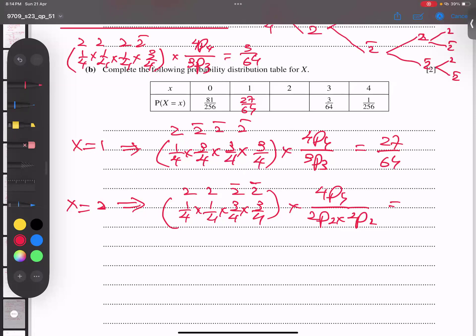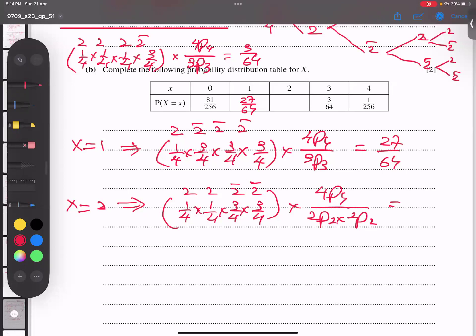My answer is coming 27 over, wait a minute, let me recheck. 27 over 32? And hold on, 27 over 128. Okay, wait, what is the difference? 4p4, correct? 2p2, 2p2. Okay, it is 9 divided by 4 to the power 4. Sorry, I made a mistake.